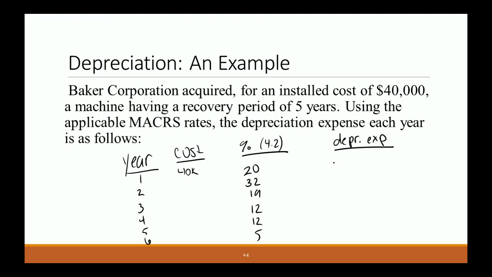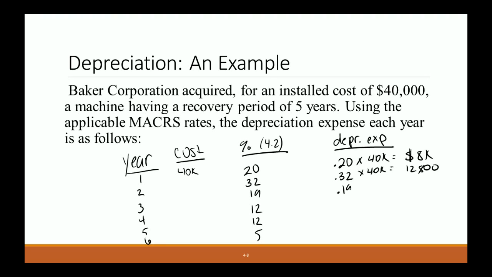So for year 1, that is 20% times $40,000. So that gives us $8,000 in depreciation expense for year 1. Year 2, 32% times $40,000. That is $12,800.